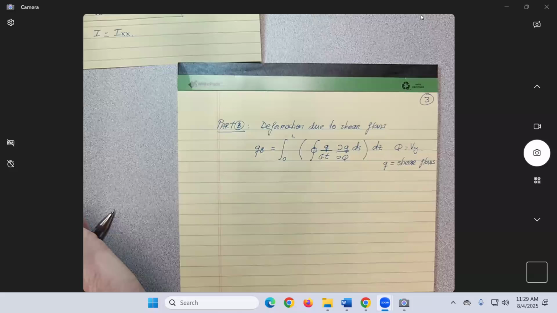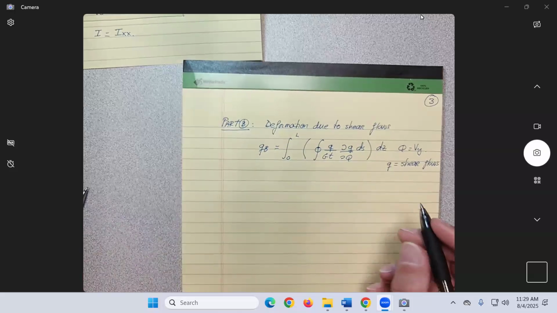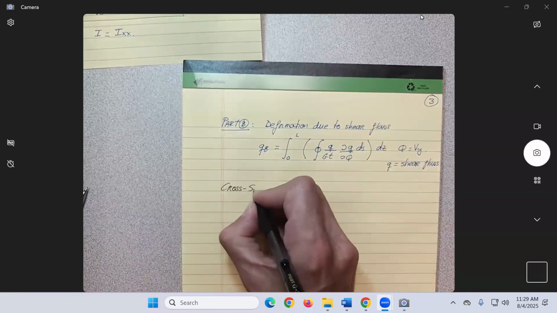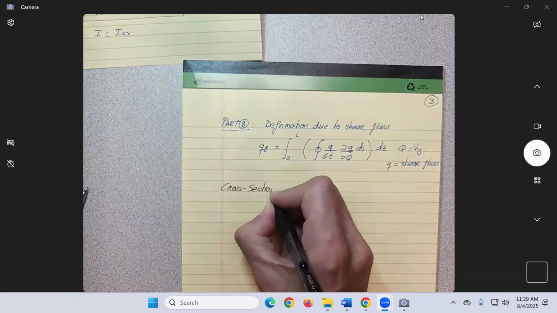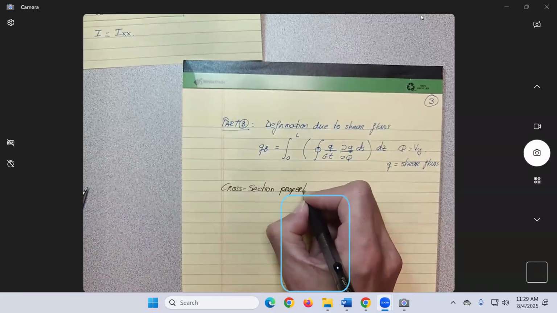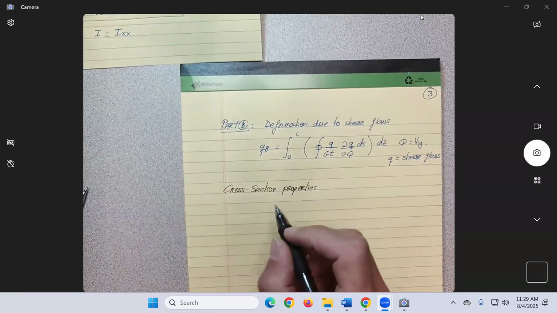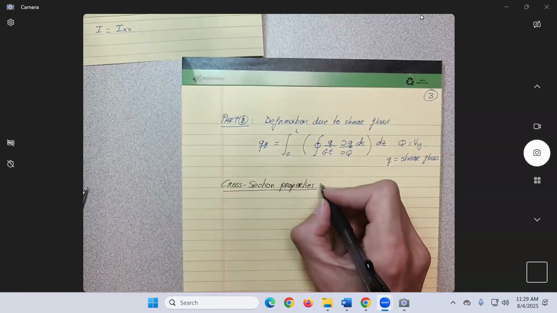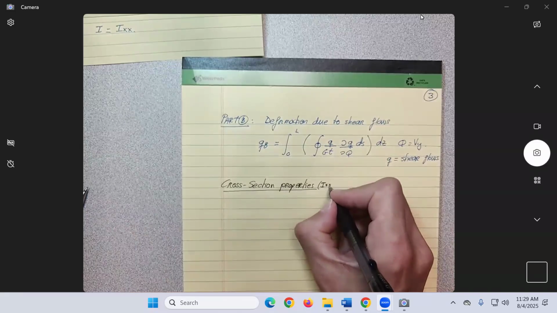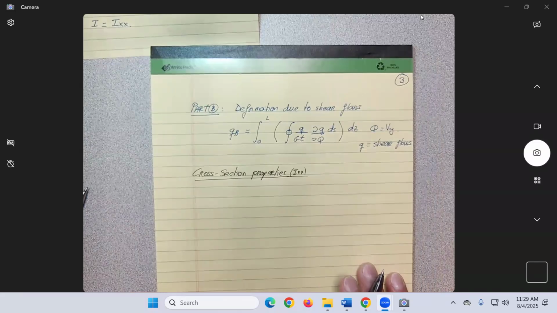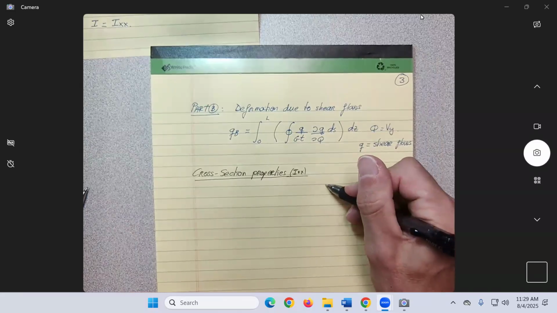All right, so let's go. And before we do this calculation, maybe you should have done that at the beginning, but since I forgot, let's do it now. Cross-section properties. So basically what we need to find is what? Ixx. So let's see if I do a figure here.